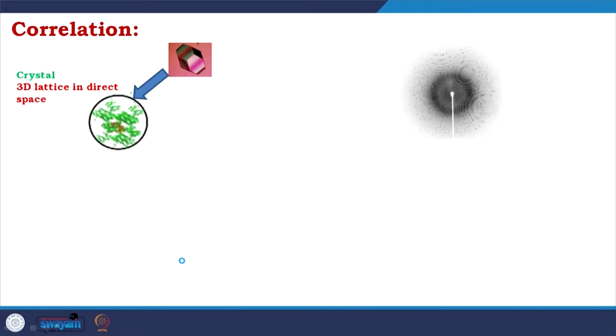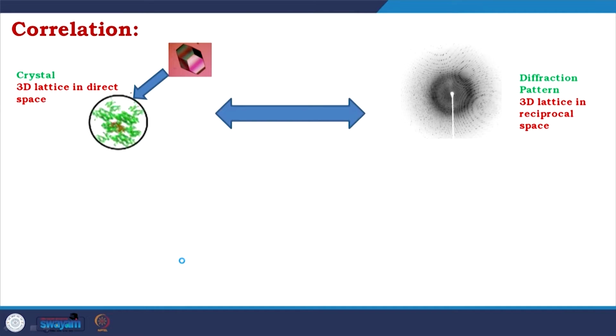We know that this is a diffraction pattern, and it also represents a 3D lattice. So the crystal is representing a 3D lattice, and the diffraction pattern is also representing a 3D lattice, but one is a 3D lattice in direct space and the other is a 3D lattice in reciprocal space.